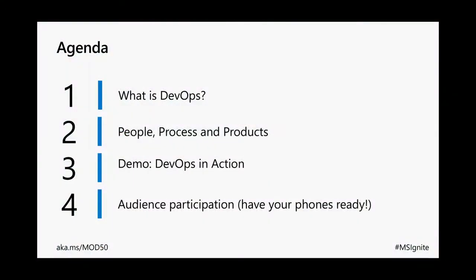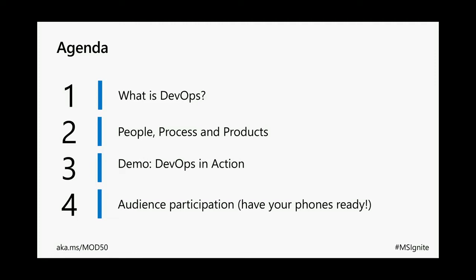So we're going to talk about what DevOps is today, just to get everybody up to speed and on the same page. We're going to talk about people, process, and products, and that'll be more clear as we progress. And then I'm going to demo. About half of the session is a demo of DevOps in action. We're going to take a change in an application on my local machine and push it to GitHub.